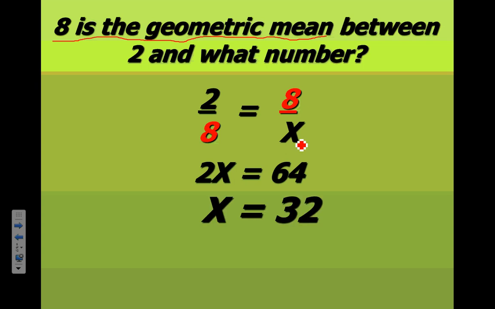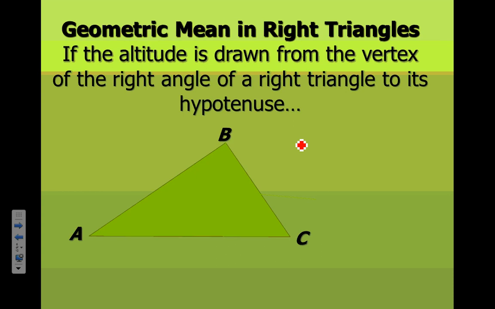The geometric mean is a number that will come up a lot when we're dealing with triangles, with right triangles. Okay? If the altitude is drawn from the vertex of the right angle of a triangle to its hypotenuse, so draw the altitude to the hypotenuse.